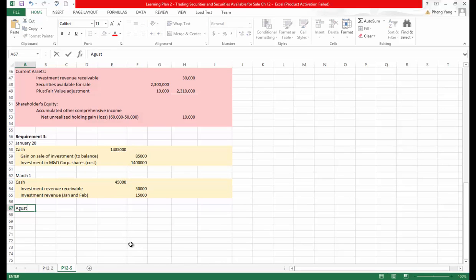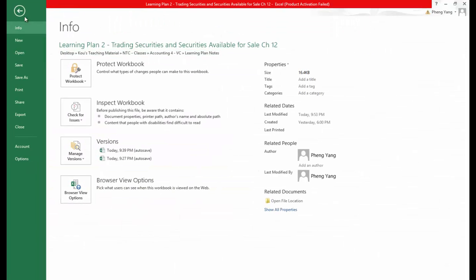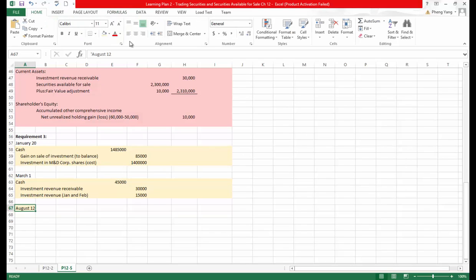Okay. On August 12th, we acquired Vast Communication common shares costing $650,000. So we're going to debit an investment account in the amount of $650,000.